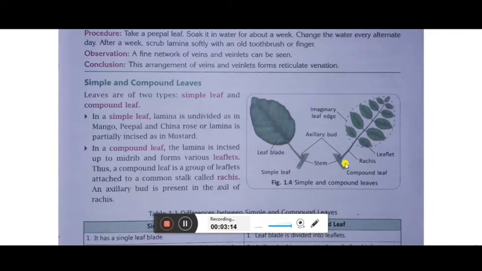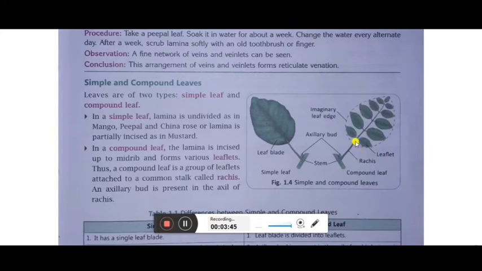Whereas in another one, when you see the margin, an imaginary leaf edge is given over there. The arrangement is like this only. Below one is small, then a broader one, and then again it becomes small. If you make an imaginary line, you will find that it forms a leafy structure.